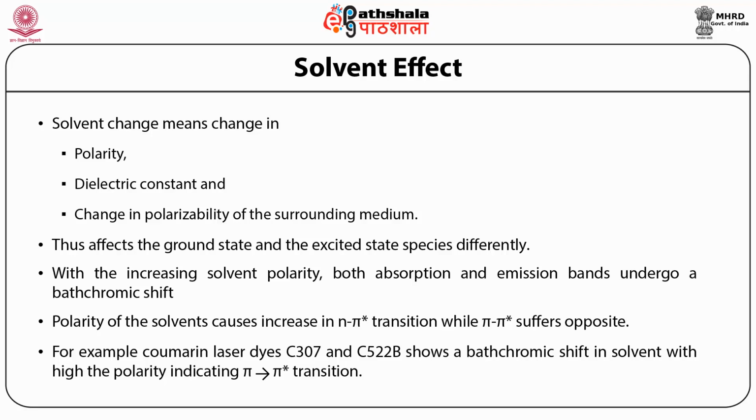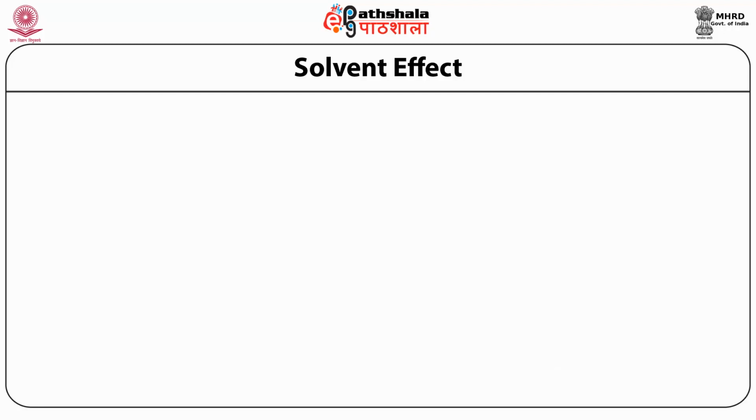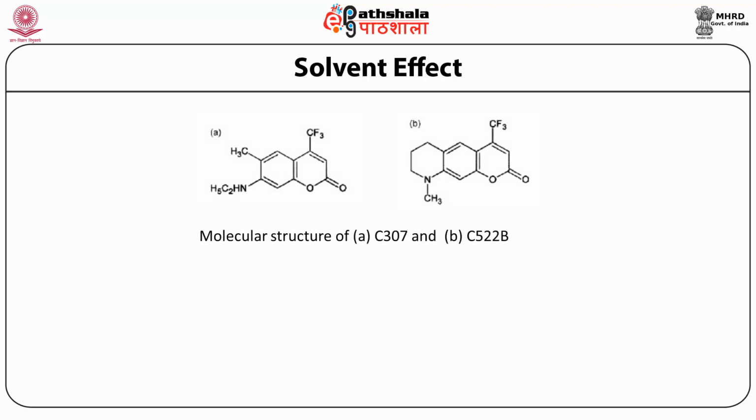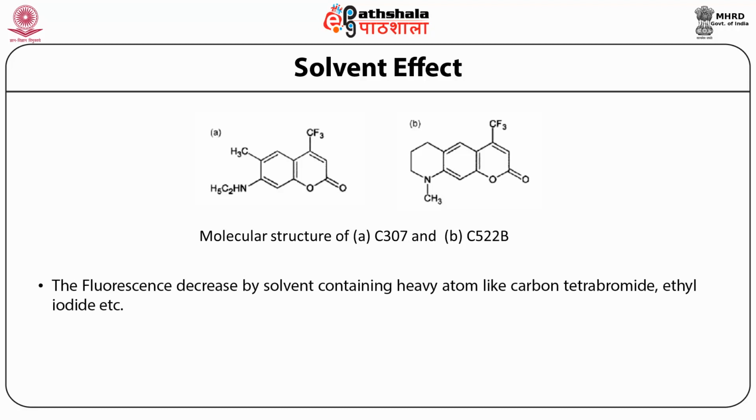A bathochromic shift in solvent with high polarity indicates the transition of pi to pi antibonding. This is the structure of coumarin dyes C307 and C522B. The fluorescence decreases in solvents containing heavy atoms like carbon tetrabromide and ethyl iodide, and this can be explained by the earlier discussed factor, that is the heavy atom effect.